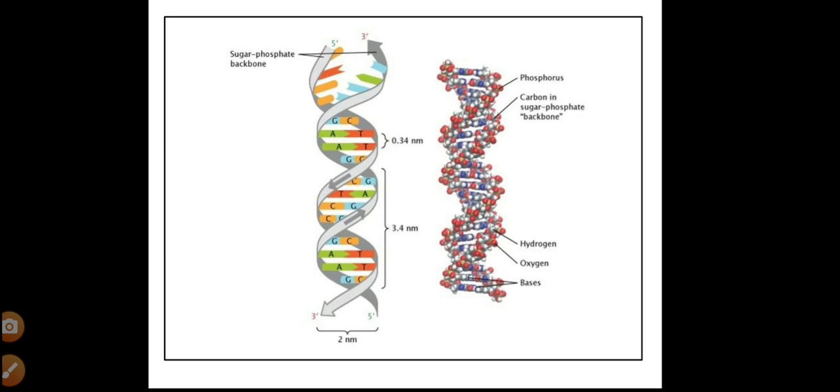And moreover, the number of adenine is equal to the number of thymine, and the number of guanine is equal to the number of cytosine, because A and G are purines and these are pyrimidines. So in all organisms this ratio must be 1. These are some features of Chargaff's rule.